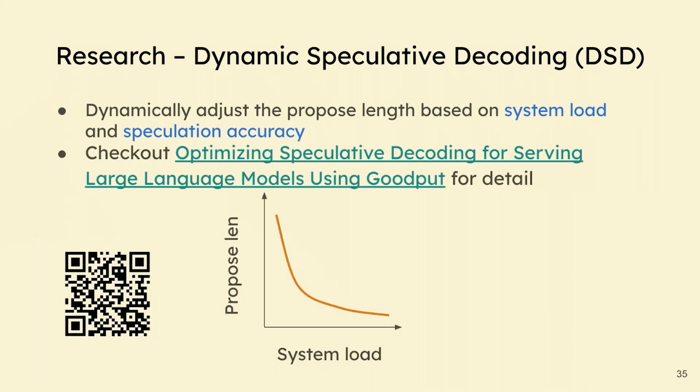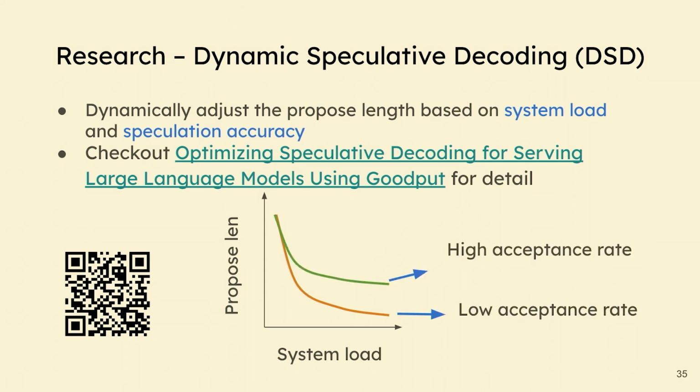On a high level, when the system load is high, we do less speculation, and when the acceptance rate is high, we do a little bit more speculation. But I encourage you to check our paper for details if you are interested. The goal here is we really want to enable the speculative decoding feature in production. So basically, it means it should always improve the performance instead of degrading it.